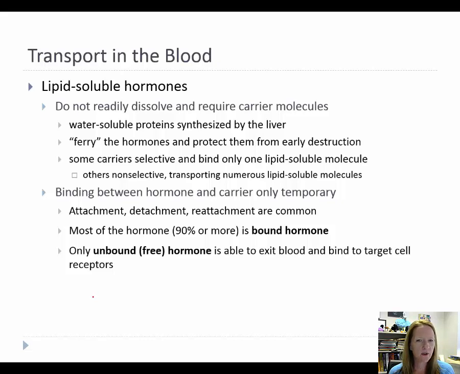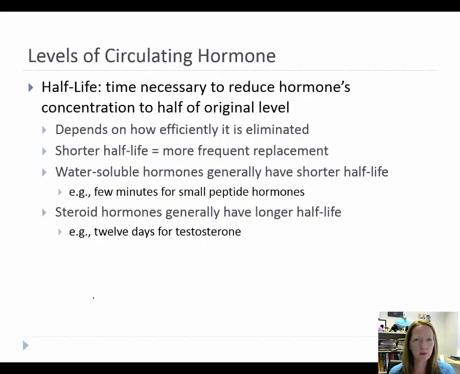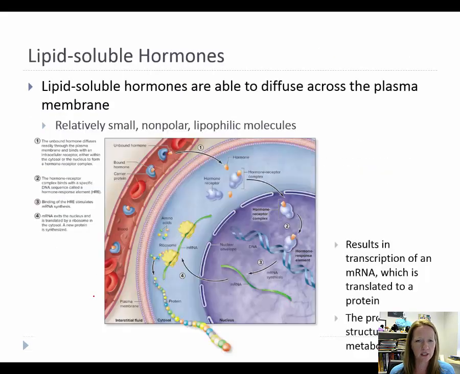Let's take a look and see what this looks like. I'm going to skip to a slide a little bit further down so you can see what I mean. Look, that blue thing is the carrier molecule that I'm talking about, and there is the hormone attached to it. So it's going to go around in the bloodstream. When it gets to where it needs to go, it's kind of like a bus stop. When it gets to the bus stop, it is going to unbind from the bus and go to where it needs to go.